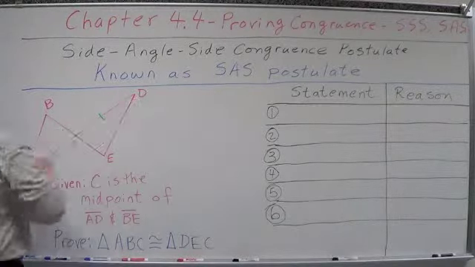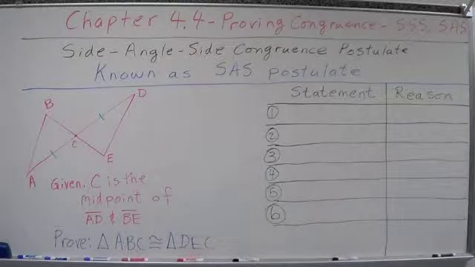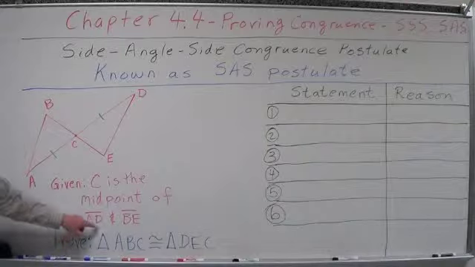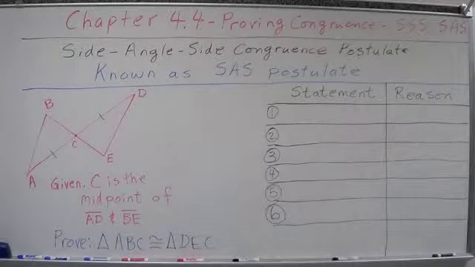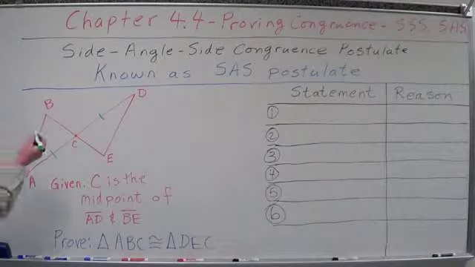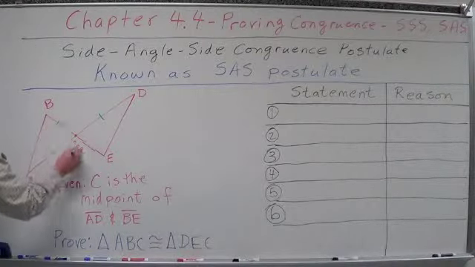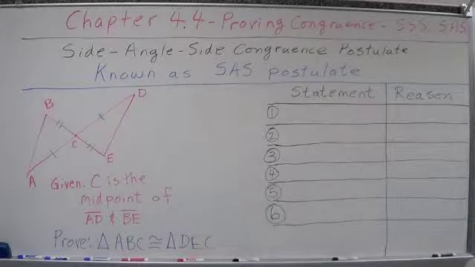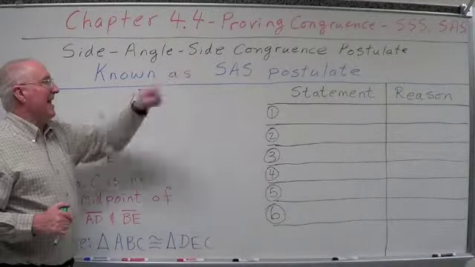Because A and D are corresponding. Now, it also says that C is the midpoint of not just AD, but also BE. So if it cuts segment BE in half, then it also creates two congruent segments. So segment BC is going to be congruent to segment EC. So that gets us our side and side.